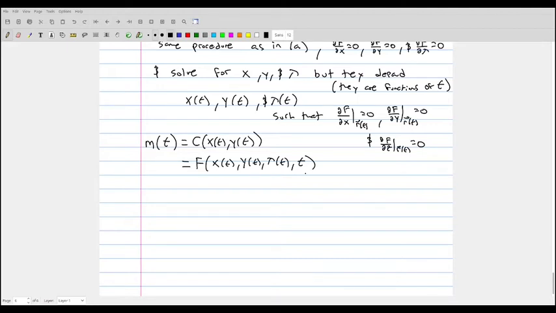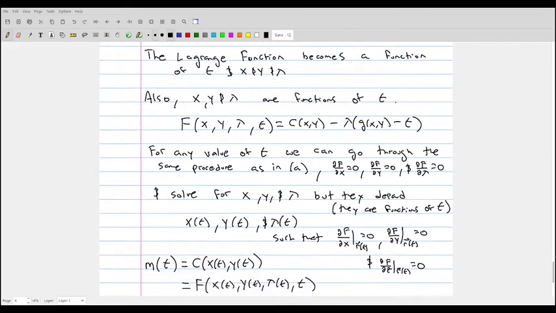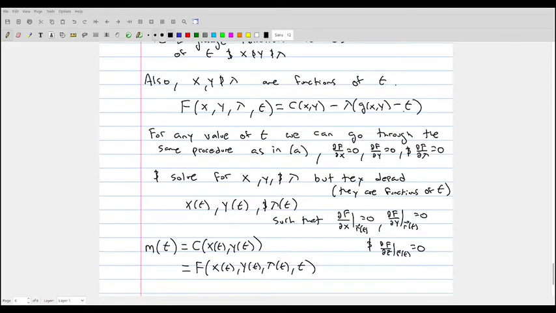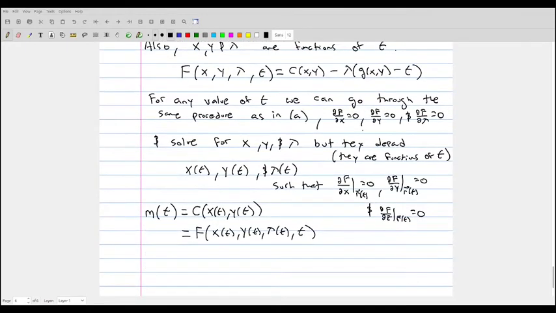Because the Lagrange function satisfies that equation 3, which is that the constraint term holds, or g of x y minus t is 0.